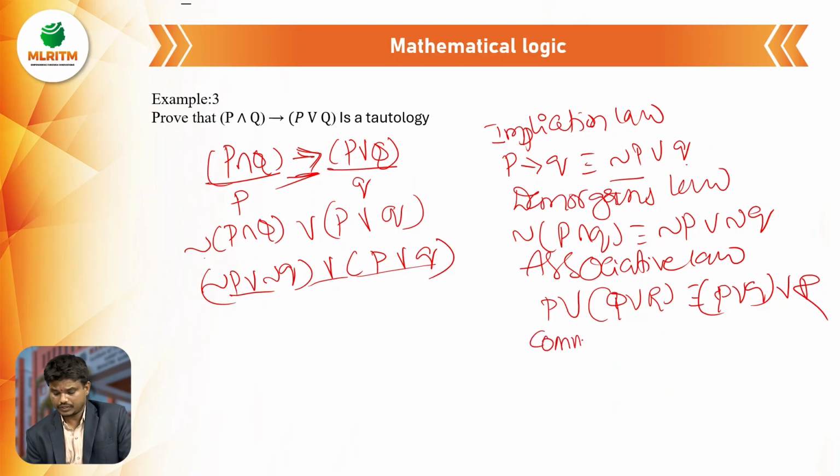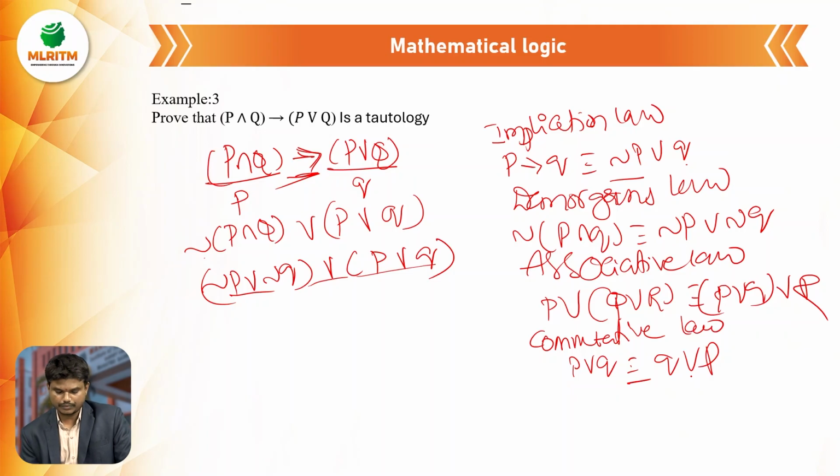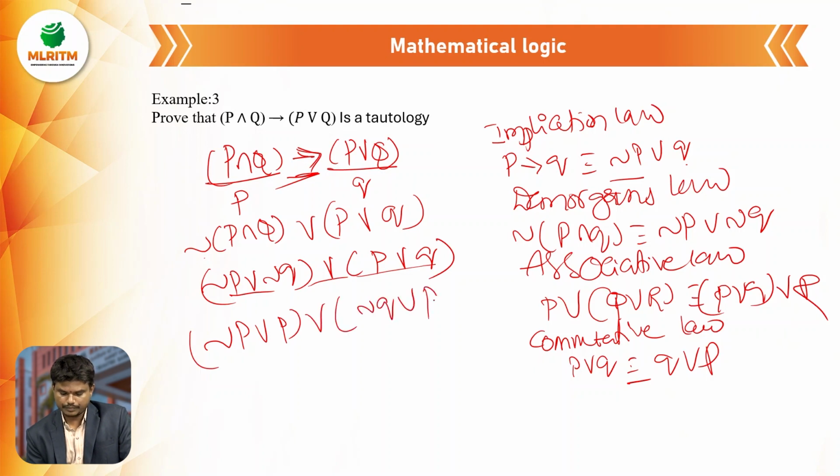What is the commutative law? P ∨ Q is equivalent to Q ∨ P. So (¬P ∨ P) or (¬Q ∨ Q). Then we use the, what is the formula?